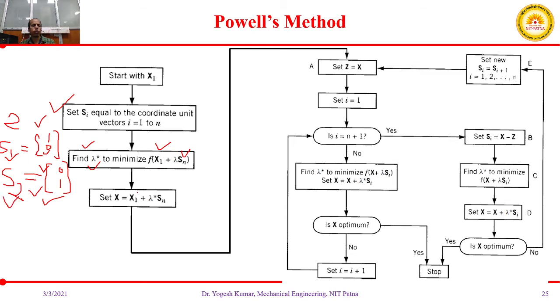So for search direction 1, this may be x1 plus lambda s1. If it is given, then it is fine. Otherwise, you can choose any value.